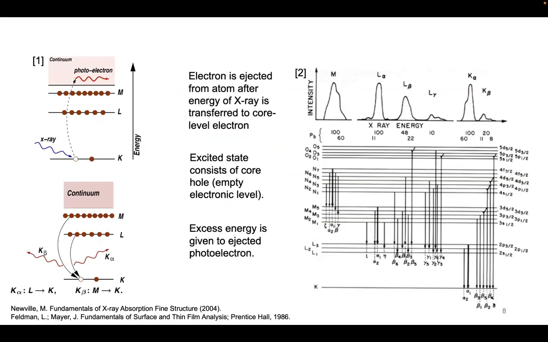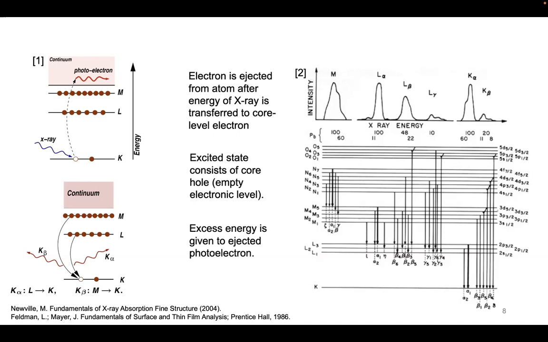So at the core, when you have an ejection, if there's enough energy from the X-ray once you sweep your energy levels to eject the core level electron, particularly from 1s, that's why it's called K, then you're going to be able to measure that photoelectron. Now, if the electron is ejected, you leave behind a hole.